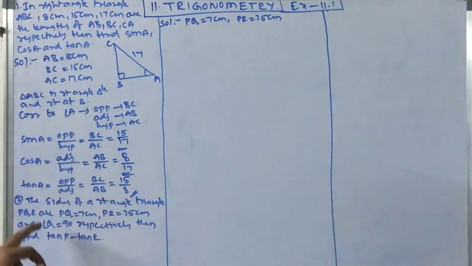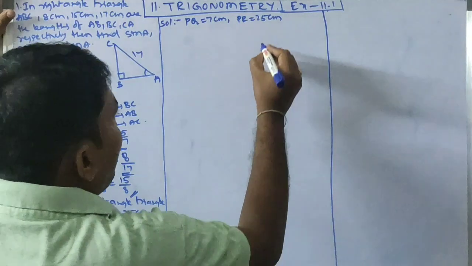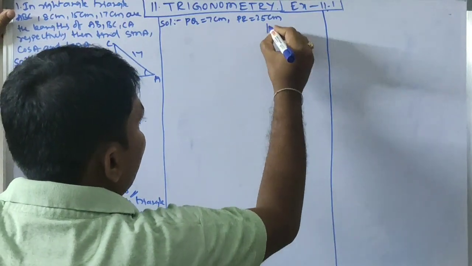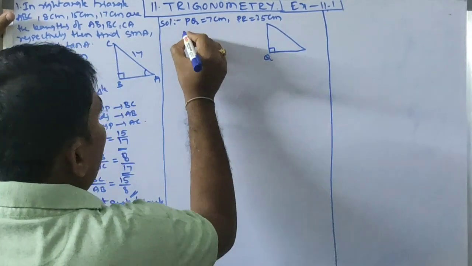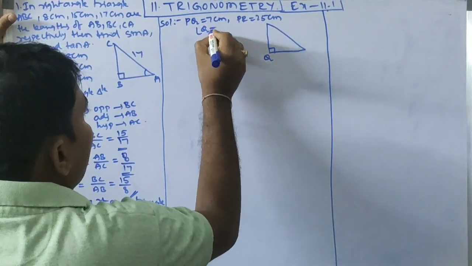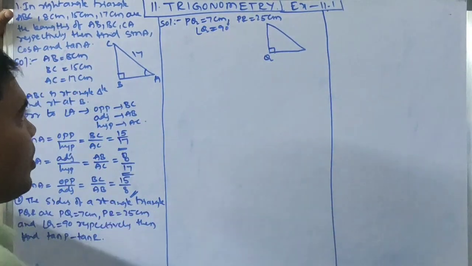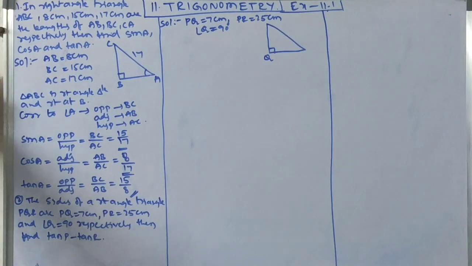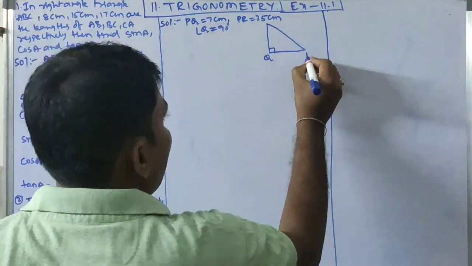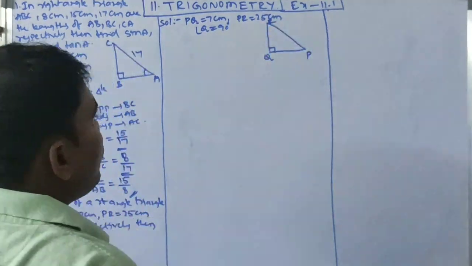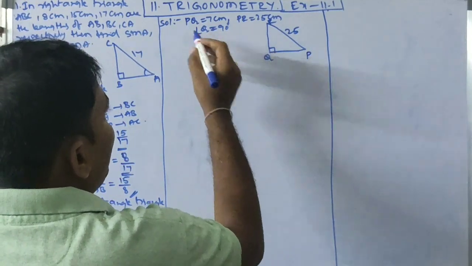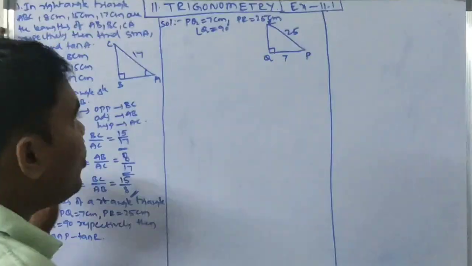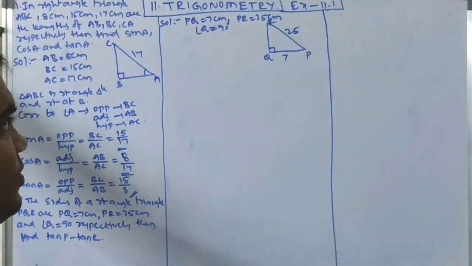Angle Q equal to 90 degrees. We need tan P minus tan R. So this is P and this is R. So PR equal to 25. Next PQ equal to 7. We don't know QR, but we need QR.